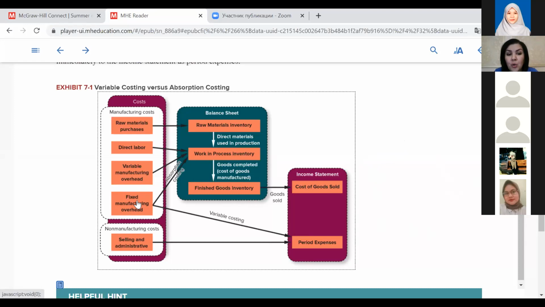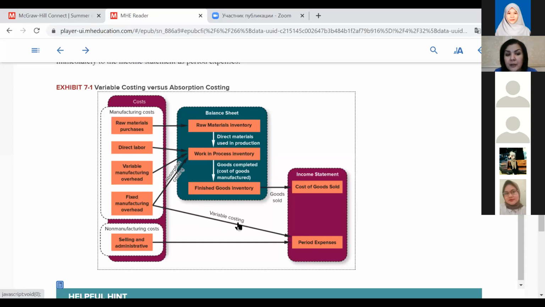Why? Because we include fixed manufacturing overheads into the work in process account. On these accounts, we collect all costs, and then we know the cost of each unit produced, right? On the variable costing, we do not include these fixed manufacturing overheads into work in process.